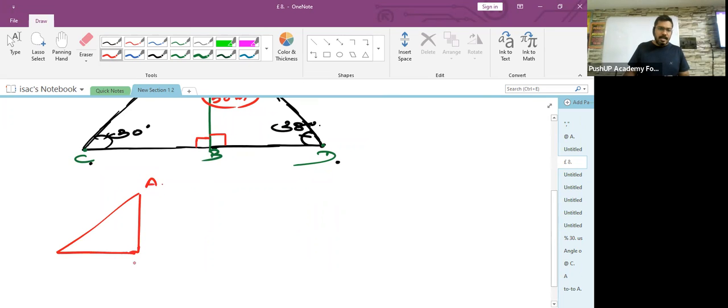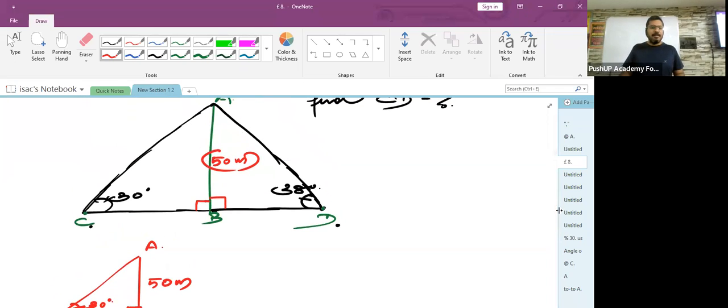Here it is, 50. Angle C is how much? 30 degree. Now, children, you have to find the value of CD, isn't it? This is what you have to find from C to D.